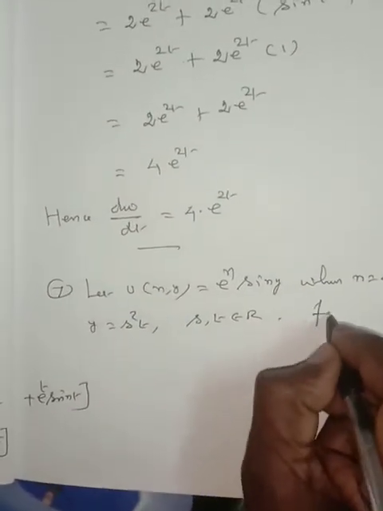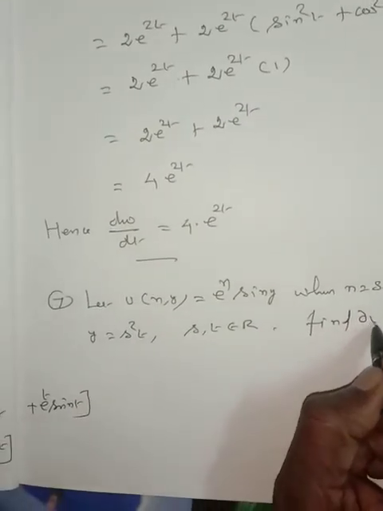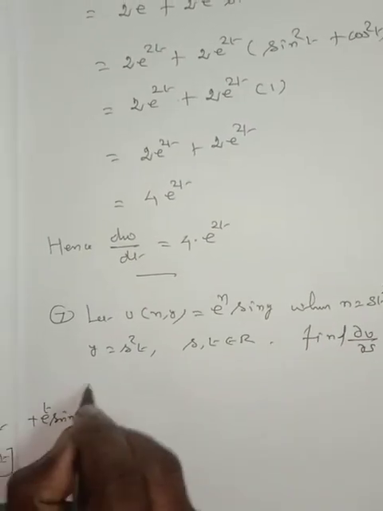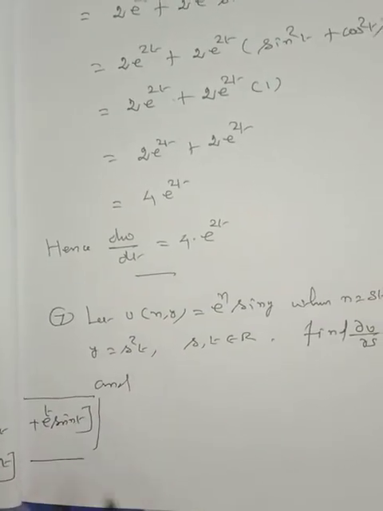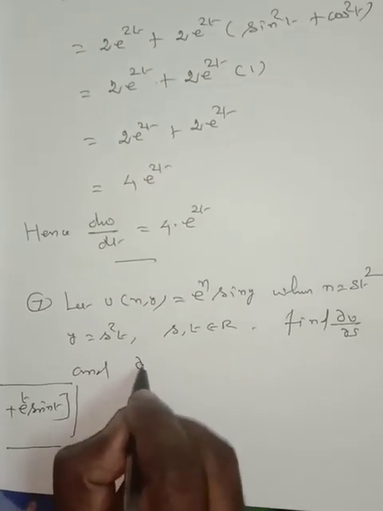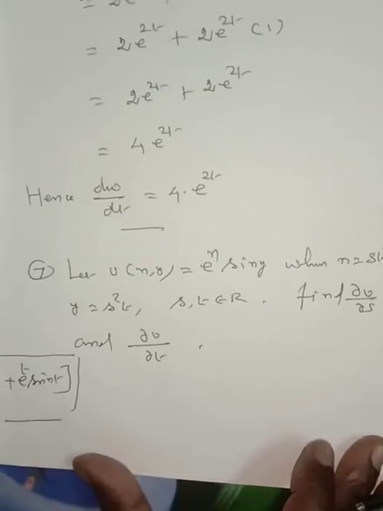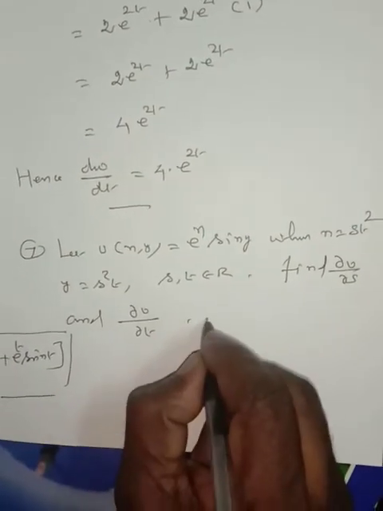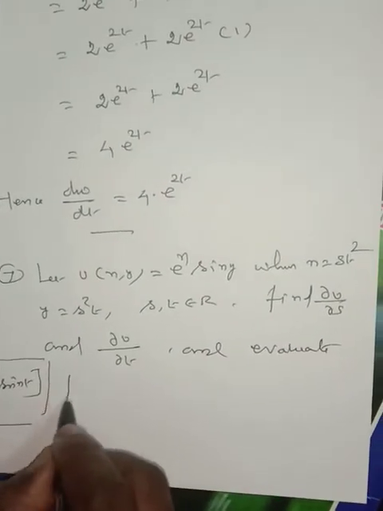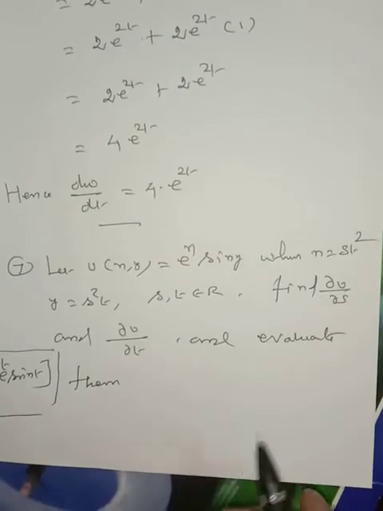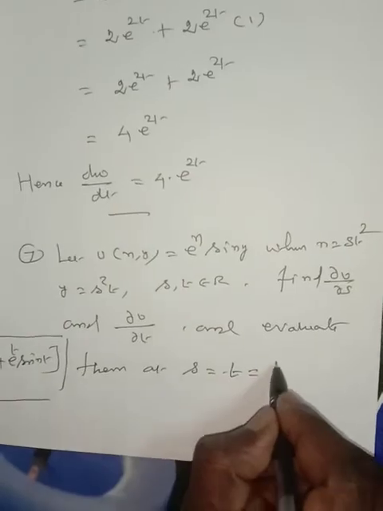Find dou u by dou s and dou u by dou t, and evaluate them at s is equal to t is equal to 1.